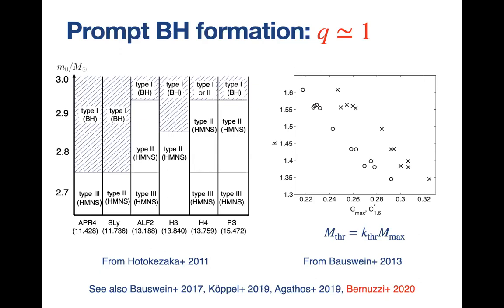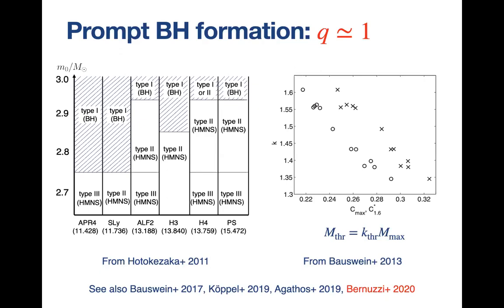For very different from one, so for very unequal mass systems, the dynamics is a bit different, and this is why I highlighted here the paper by Sebastiano in red, because this is where things really start to become a little bit different.